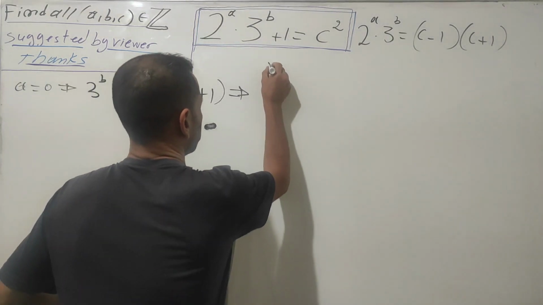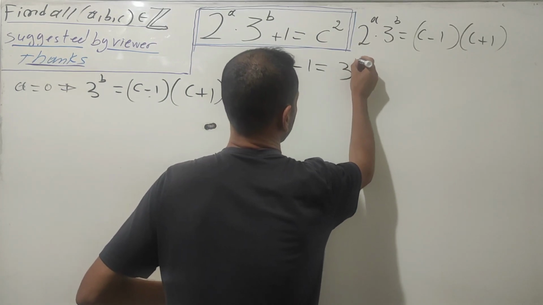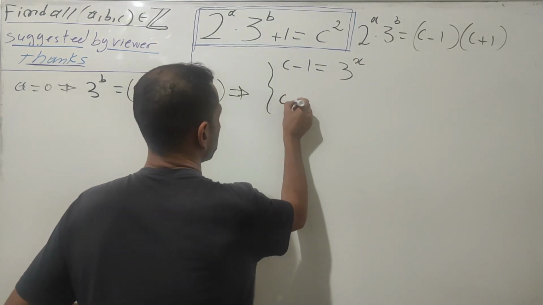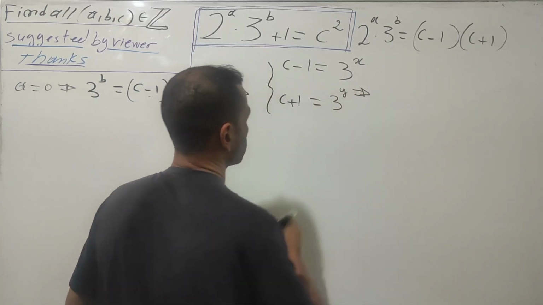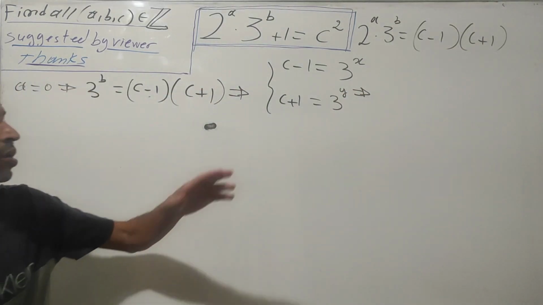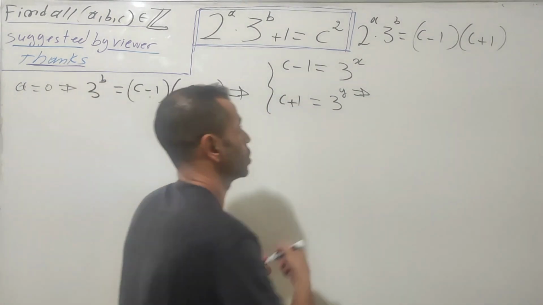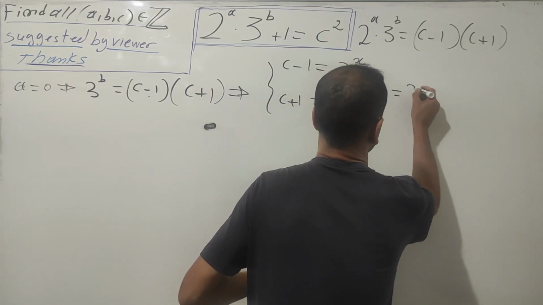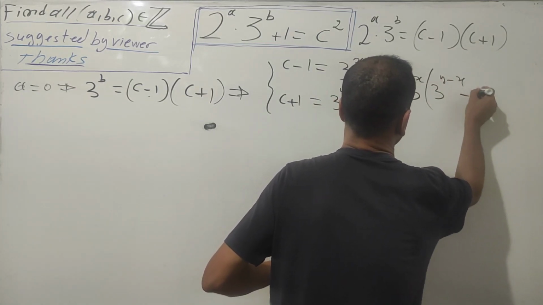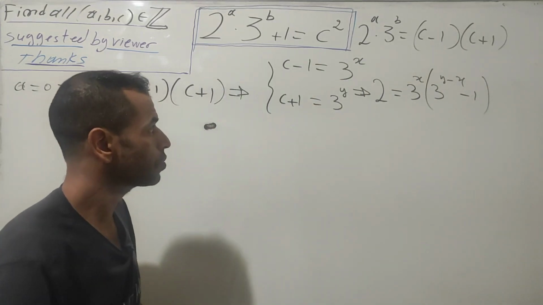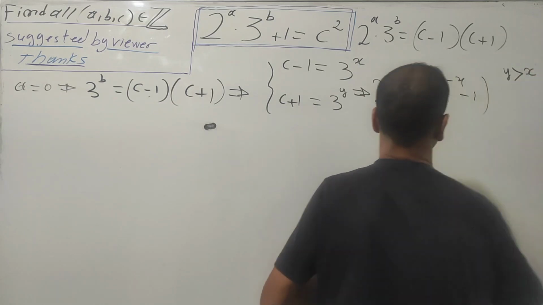So c minus 1 equals 3 to the x, and c plus 1 equals 3 to the y. Subtracting the first equation from the second, I have 2 equals 3 to the x times (3 to the y minus x, minus 1). Clearly y must be strictly greater than x.